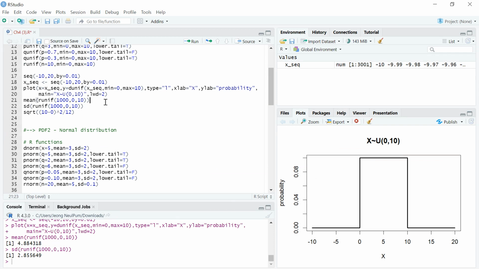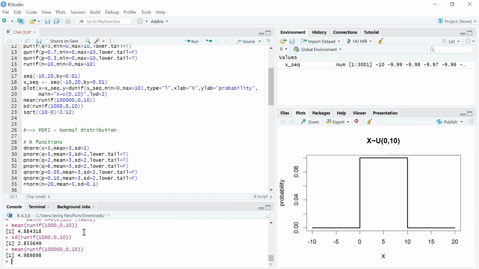However, you can see some difference between the 2 values, but if we increase the number of the random samples up to, for example, 100,000, you can see that the value becomes closer to the real value, which is 5.